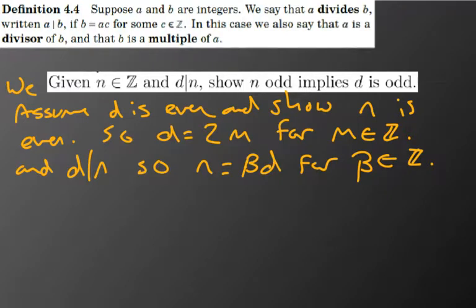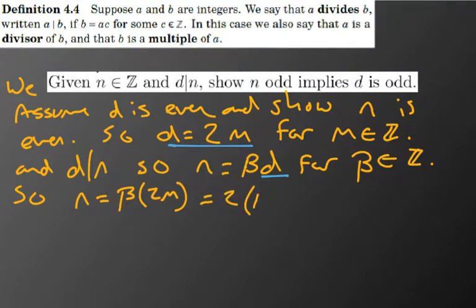And so, if I take my D, I'm basically going to do substitution down here. I would get, let's see, that N would equal beta times 2M, which is the same as 2 times beta times M. And we know that if we multiply two integers, it's still an integer.